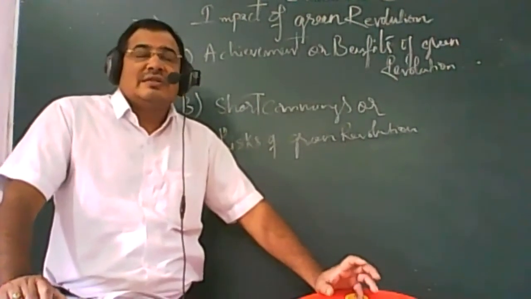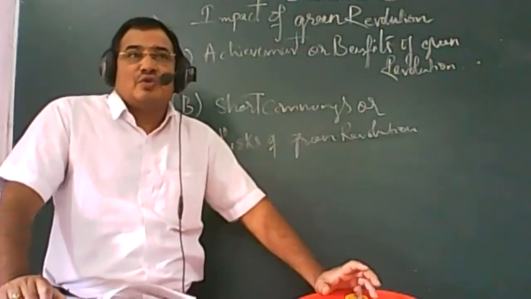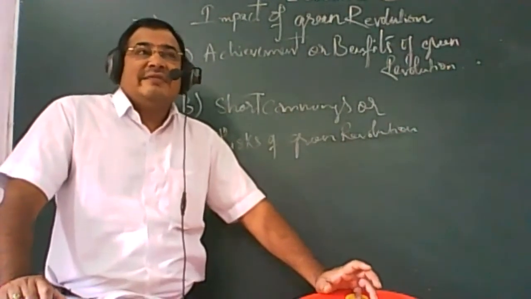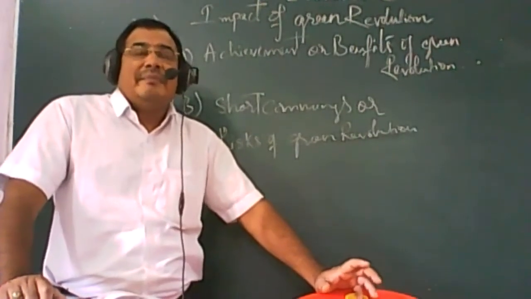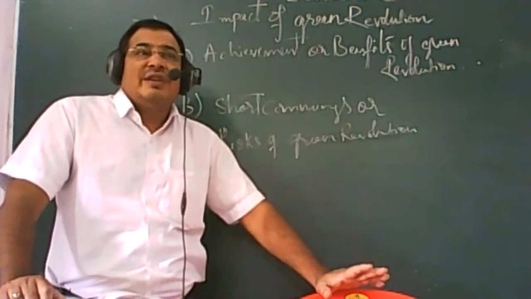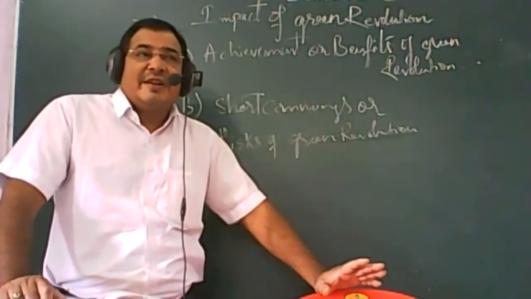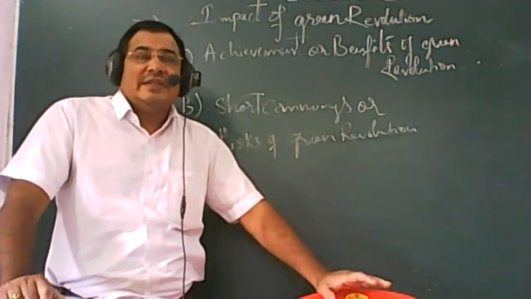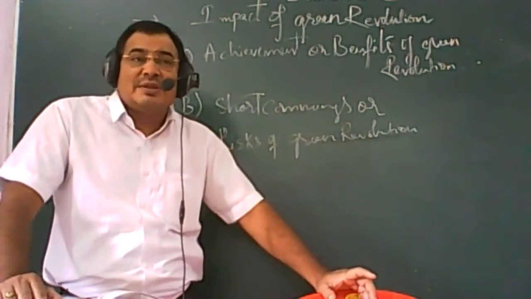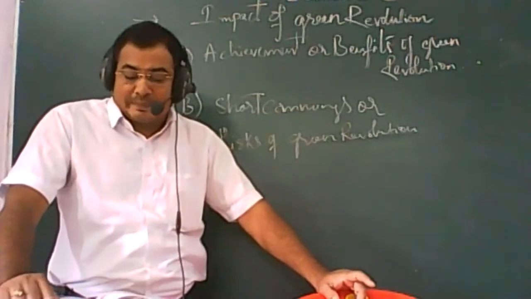So there were problems of storage and problems of marketing, where market institutions were not seen across the whole economy. These were the other problems, apart from the achievements.